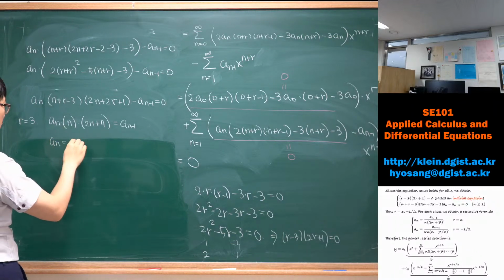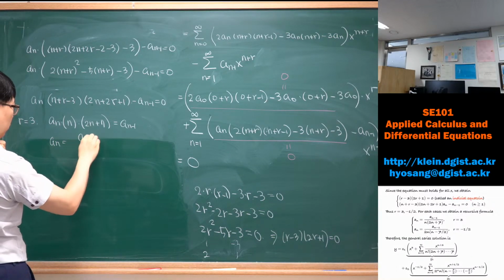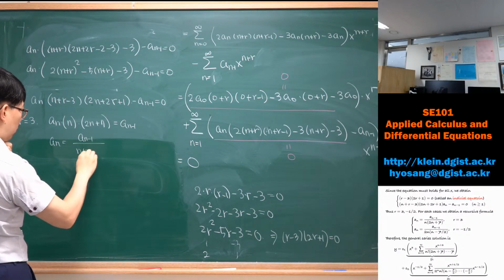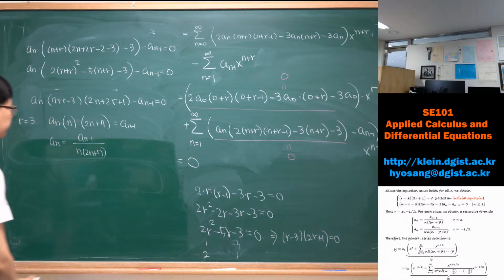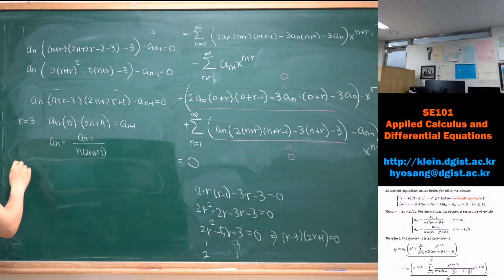In other words, a_n equals a_(n minus 1) over n times (2n plus 7), right? So let's try to compute this case.